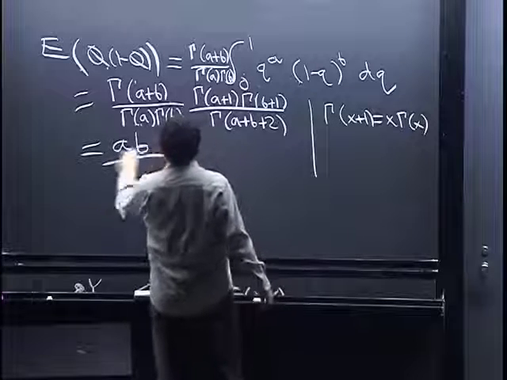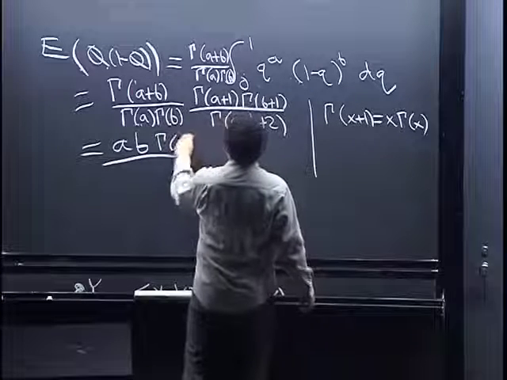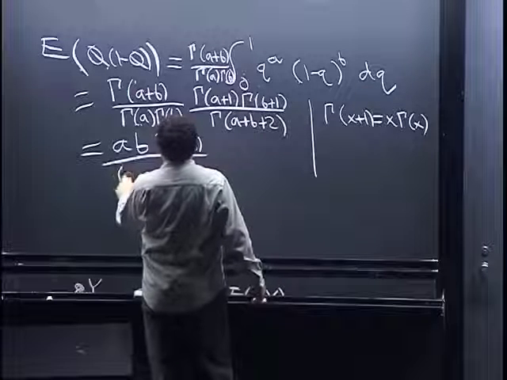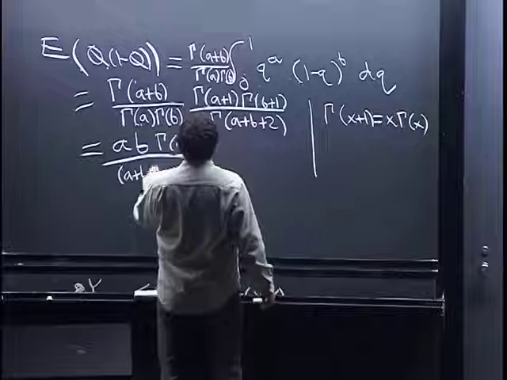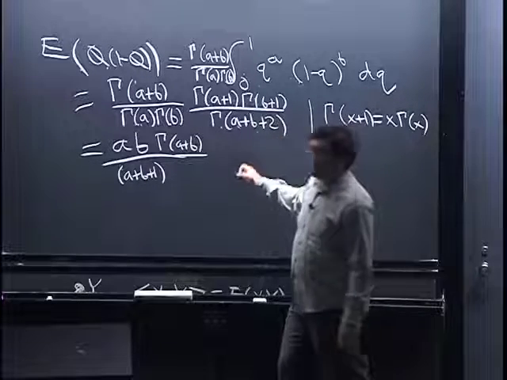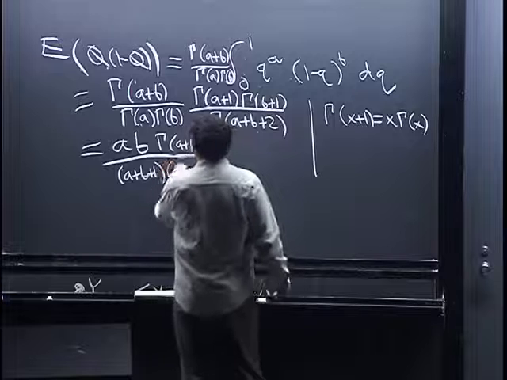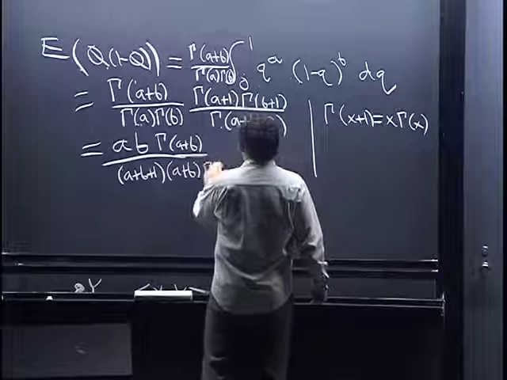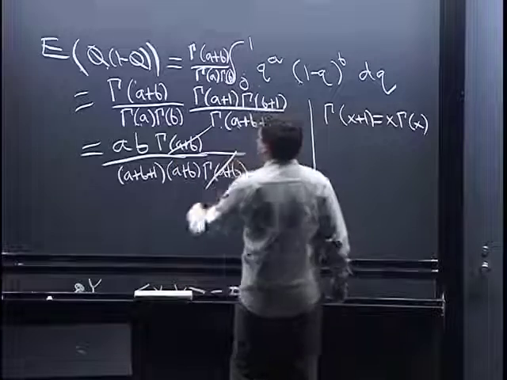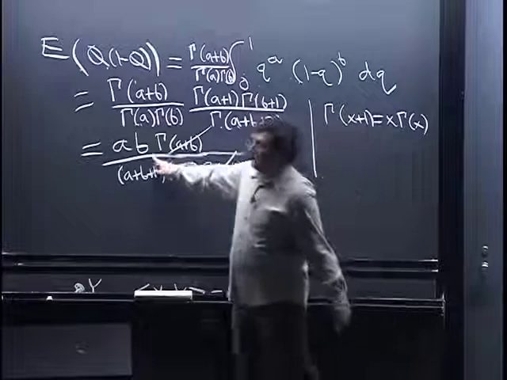And then in the denominator, gamma of a plus b plus 2 is (a plus b plus 1) times gamma of a plus b plus 1. But gamma of a plus b plus 1 is (a plus b) gamma of a plus b. So that cancels, and we just get this expression in terms of a and b.